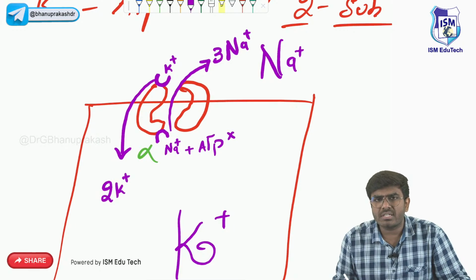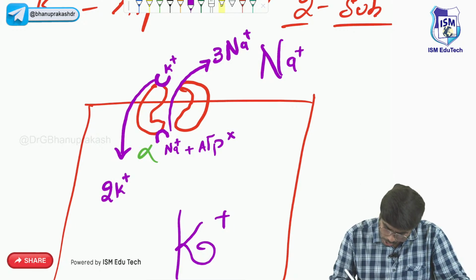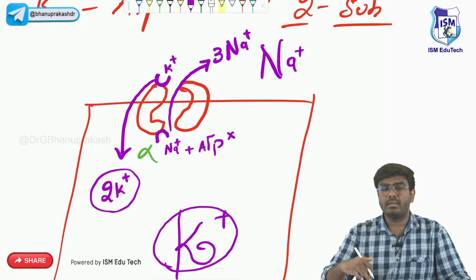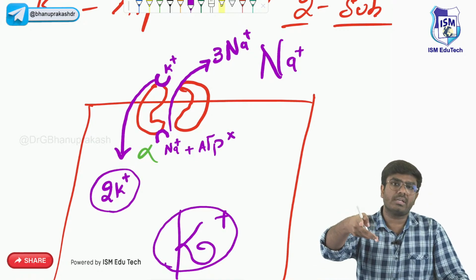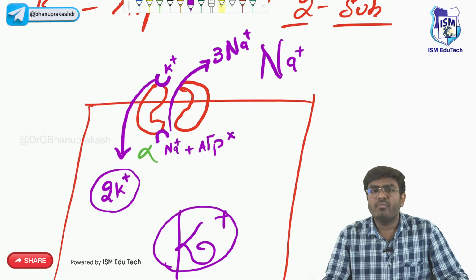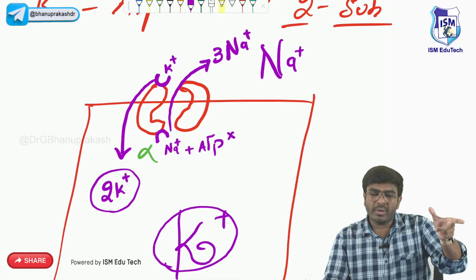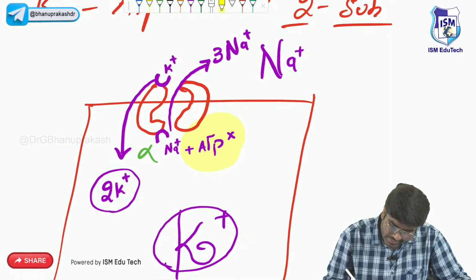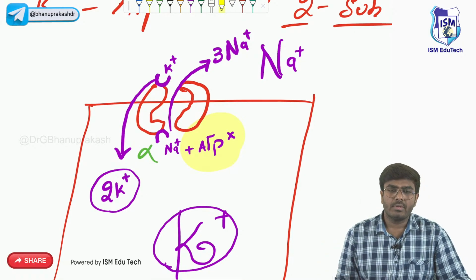Is it according to the concentration gradient, I am asking you? No, potassium is already more inside the cell, sir, but still potassium is brought in. So this is against the concentration gradient. Whenever such movement is happening against the concentration gradient, you need to use ATP. That's why ATP is being utilized here.